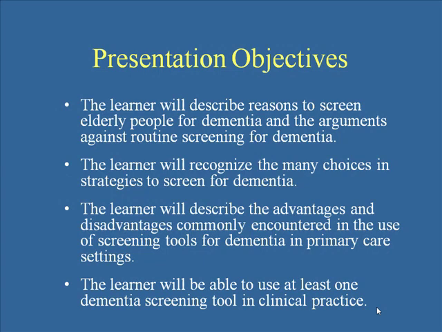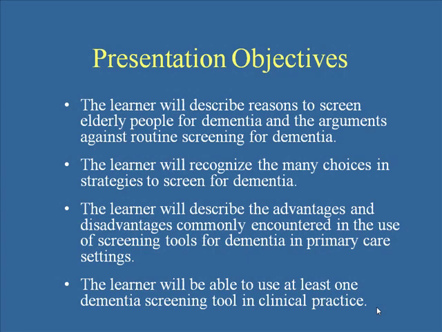At the completion of today's conversation, I'd like to have you be able to reach these objectives. I'd like you to be able to describe reasons to screen elderly people for dementia and yet understand the arguments against routine screening for dementia, because there is not consensus yet on the role for true screening for dementia in primary care settings.